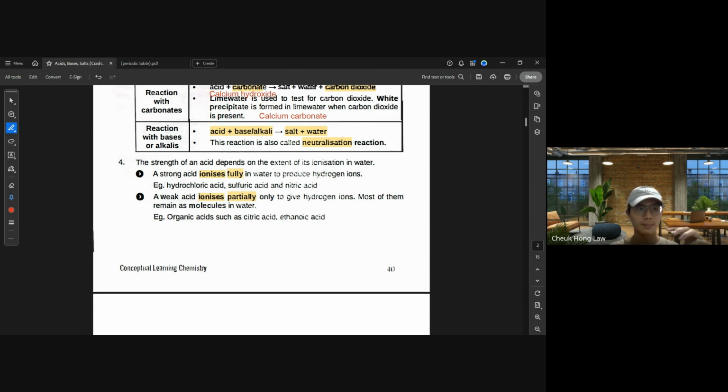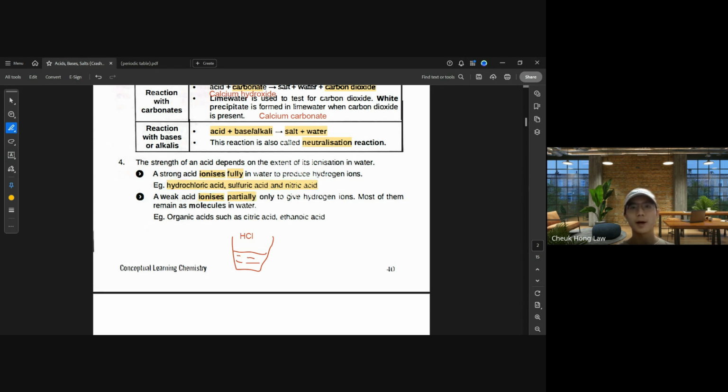For example, again, I have a cup with water. Let me just think of a random acid. HCl, the most common one. Then I add HCl inside. Hydrochloric acid is actually a strong acid. Hydrochloric, sulfuric, and nitric are the three acids that you most commonly use, and they're also your strong acids.